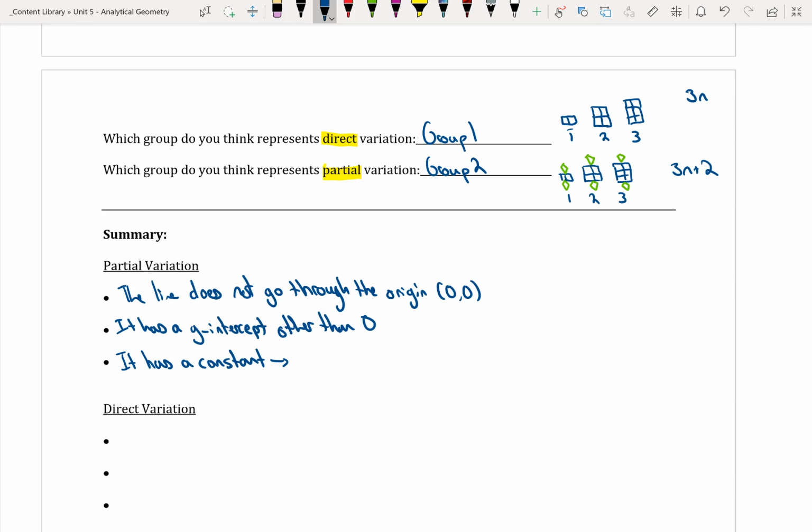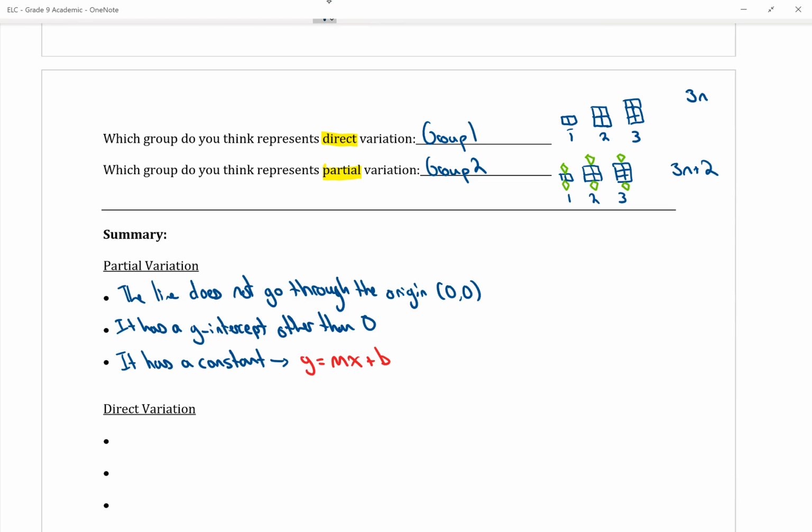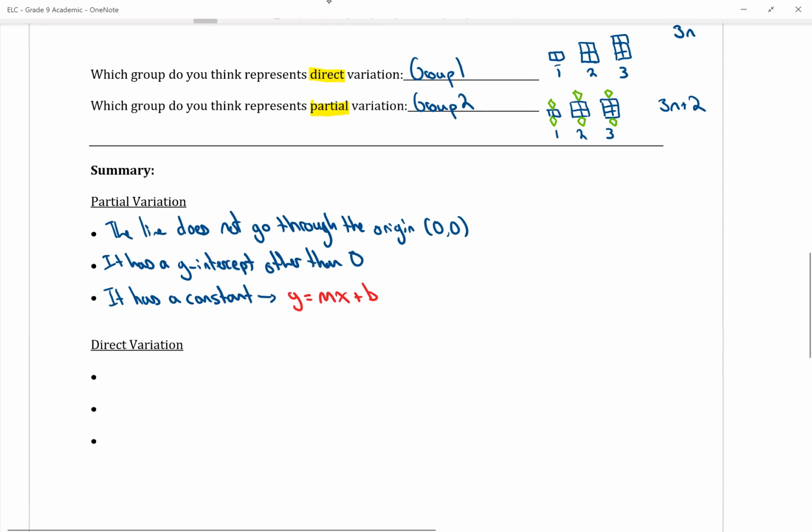And again, what we mean by that is that your equation would look like y = mx + b. So we do see that b value, the y-intercept, that constant.